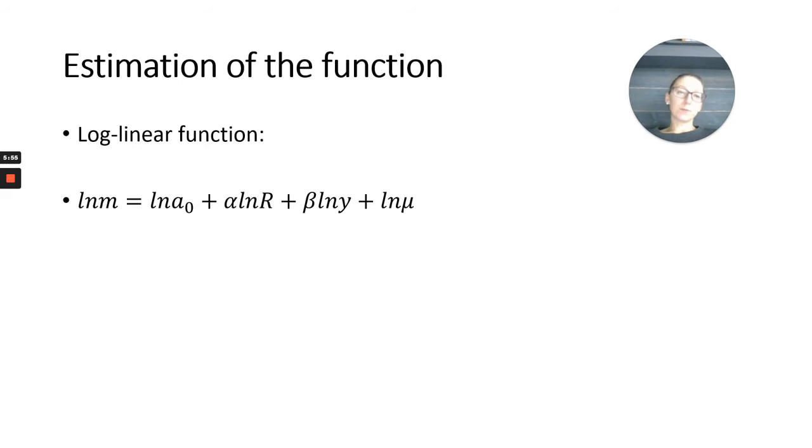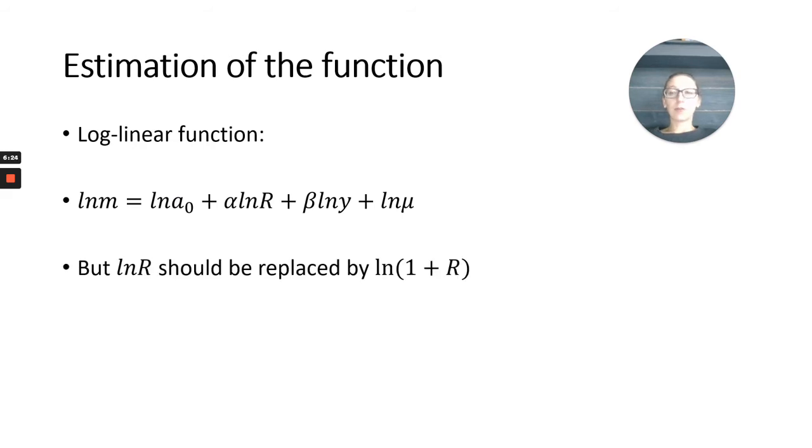The other possible form of function is log linear, which would be logarithms of all the indicators. And in this case, mainly we use the natural logarithm, as this helps to make the relation a bit more linear than it actually is.